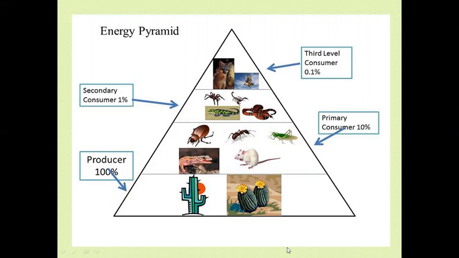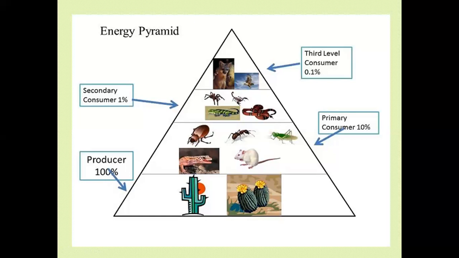The primary consumers again use this energy for their personal needs, for their growth, for their movement and other things. And when the secondary consumers eat the primary consumers, they get only 10% of the energy, that is only 1% of the energy reaches the third trophic level where the secondary consumers reside.